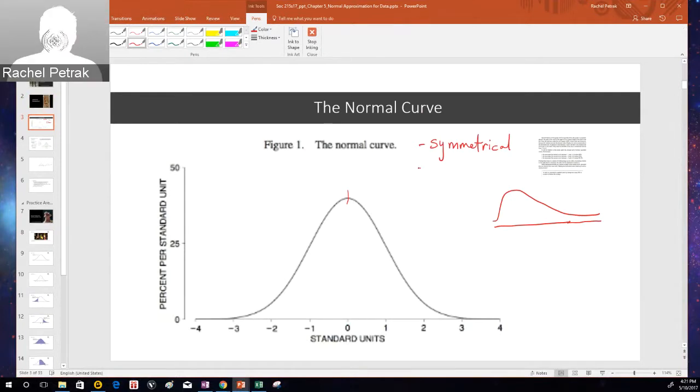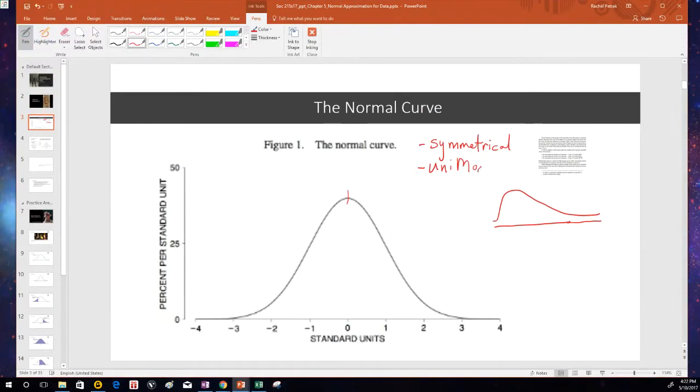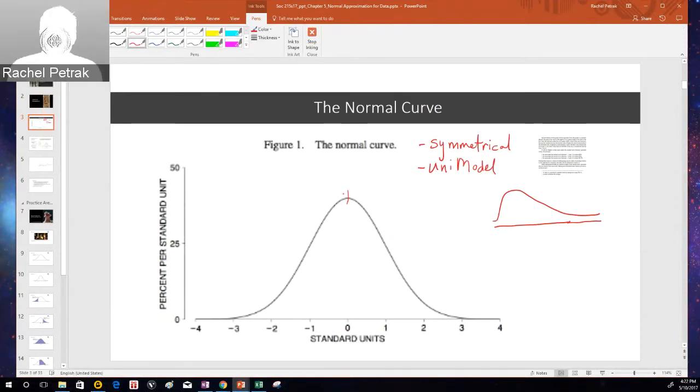Another important quality of the normal distribution is that it's unimodal, which means there's only one mode. It's possible to have a distribution with two modes, and you should be aware of this for this class. It would look more or less like that. That's called a bimodal distribution.